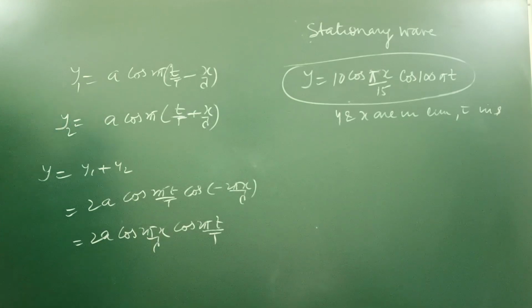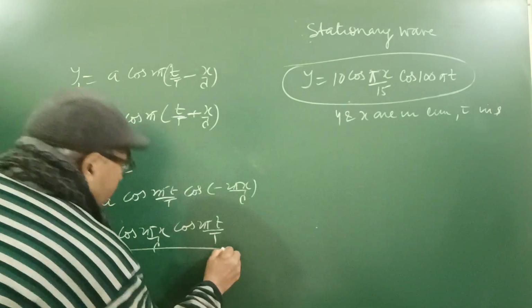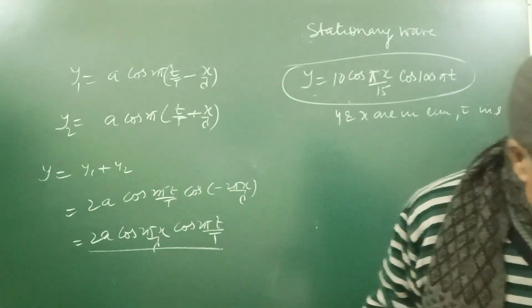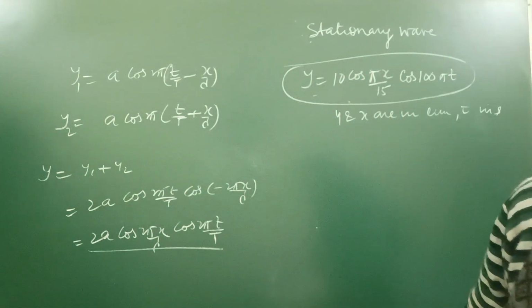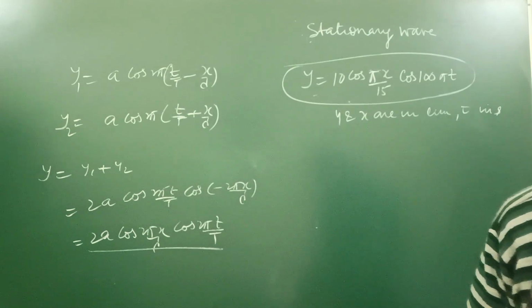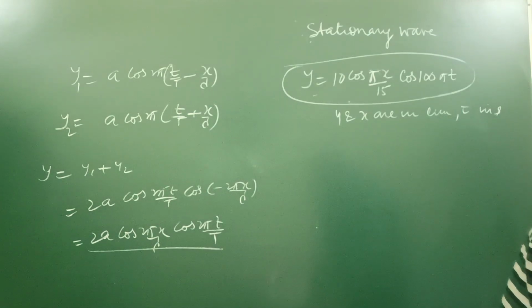I have explained this. So comparing this with the given equation, you are asked to find the frequency and wavelength of the original progressive wave and the equation of the original progressive wave.